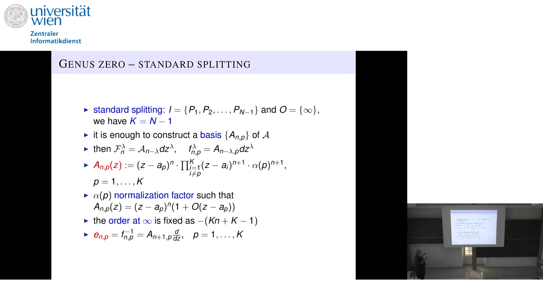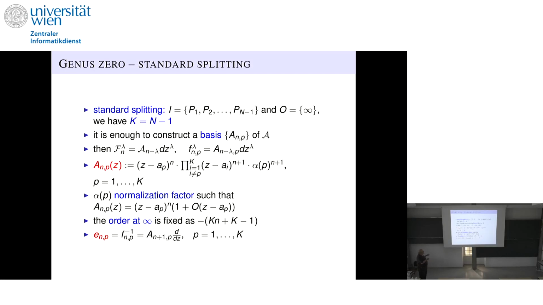And now F_n^lambda is just A_n minus lambda, a useful shift by the weight, dz^lambda. If you work in conformal field theory, this is well known to you, that you have the shifts there. So we take the weight of the form into account to get the degree. And this is the case here also.